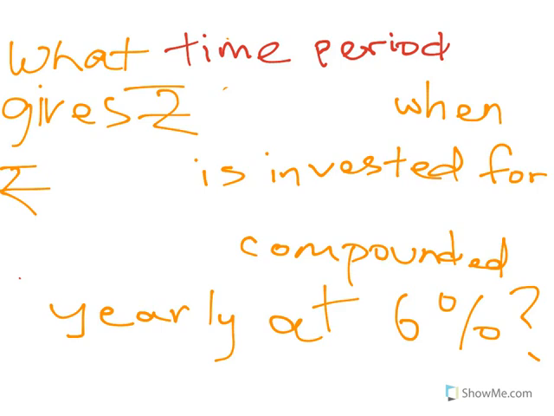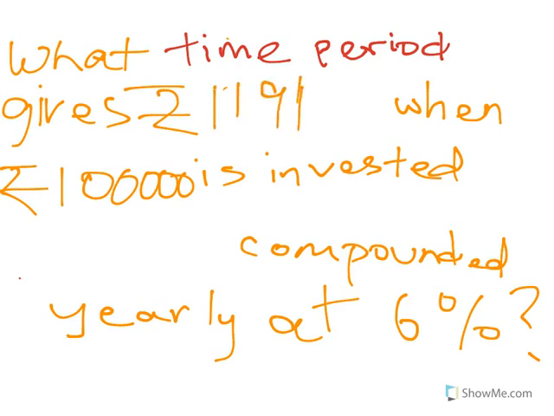Okay, so I've got to fill in a few more blanks, and so there we go. I'll make this 100,000 or 1 lakh, and 119,101.6. Okay, so let's read this. What time period gives rupees 119,101.6 when 100,000 or 1 lakh rupees is invested, compounded yearly at 6%?